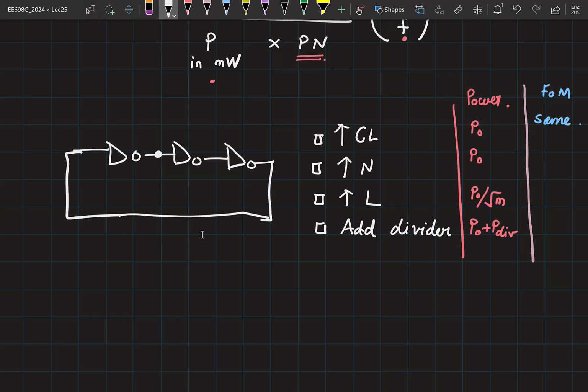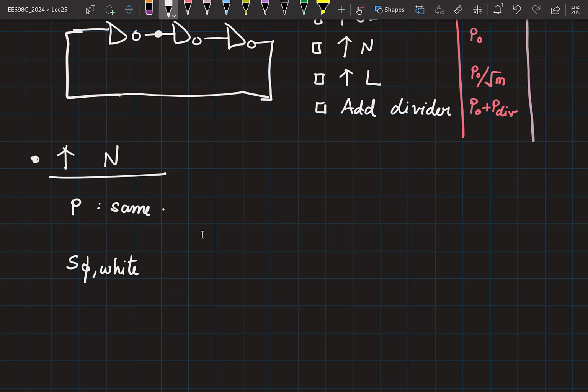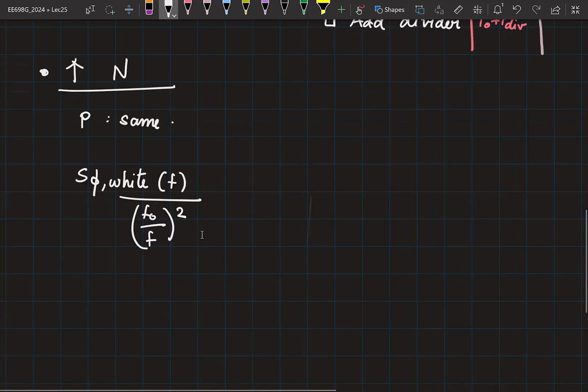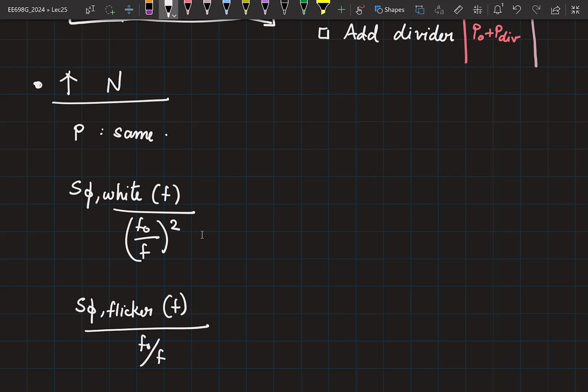Now we'll compare for the second case of increasing N. We know that the power remains the same. So now I can compare S_phi white normalized to f0 by f square. The reason I'm already normalizing it is because the FOM has that expression. And you can also look at how S_phi flicker normalized to f0 by f the whole square is varying.